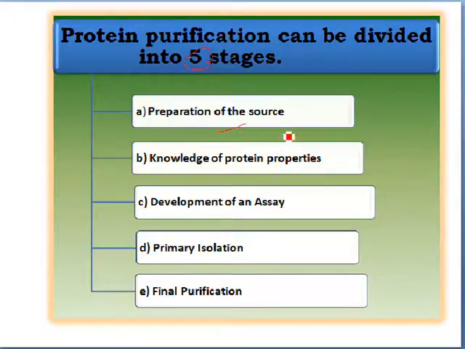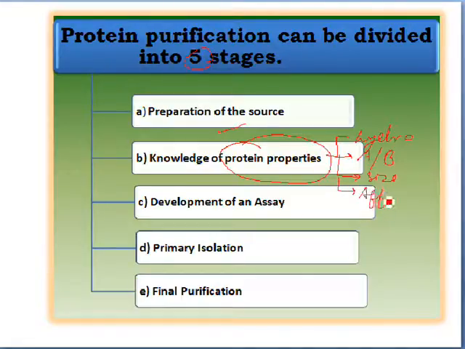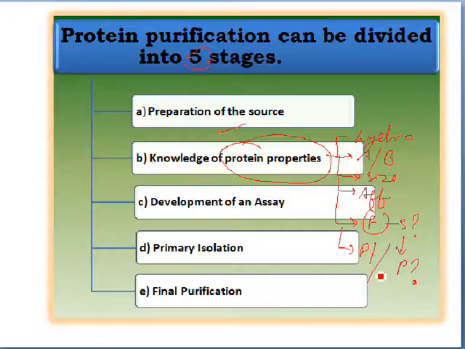Second, we should also have knowledge about the properties of the protein, that is, whether it is hydrophobic, acidic, or basic in nature, what its molecular size is, its affinity to ligand, and when it is an enzyme, the substrate for this enzyme and what product will be formed after the reaction. We should also know about the pI and net charge of the protein.